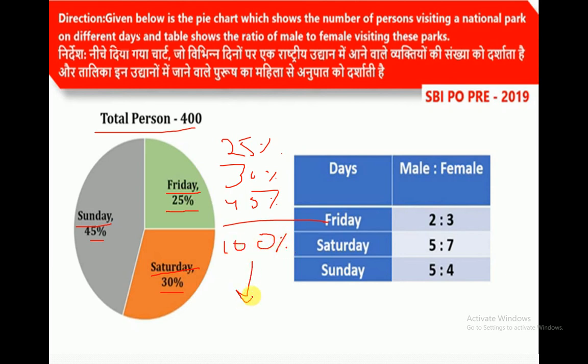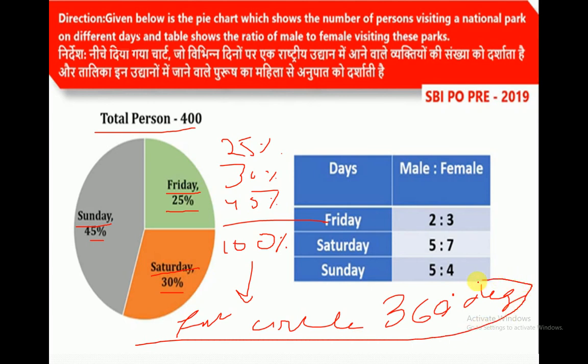And we know that in a pie chart, the full circle is always 360 degrees. This is the basic that we have covered in the previous slides.